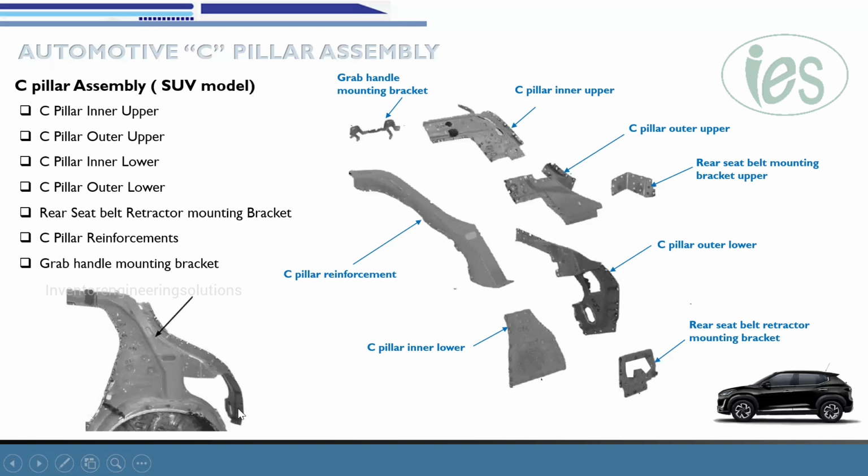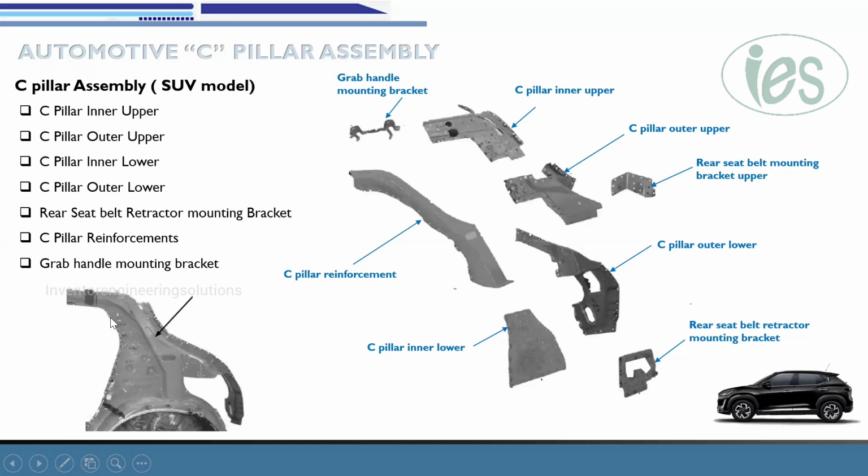So based on the requirement, the C pillar outer and the inner will be there. This is the C pillar outer, which will come until this area. This is the C pillar outer lower, and this is the C pillar inner lower.